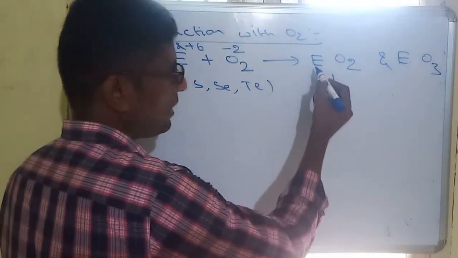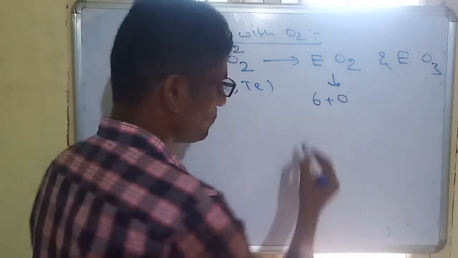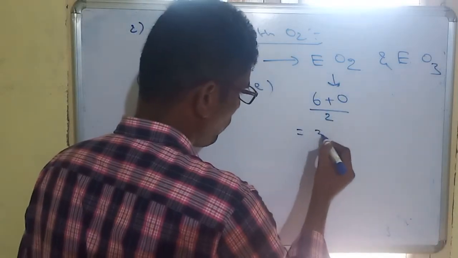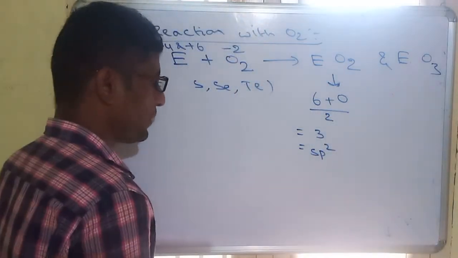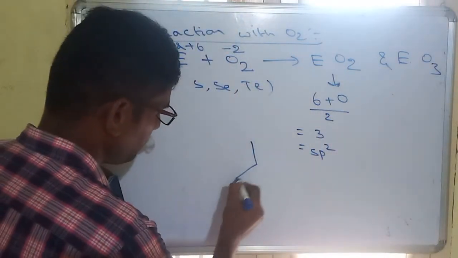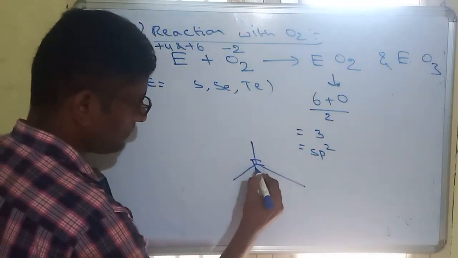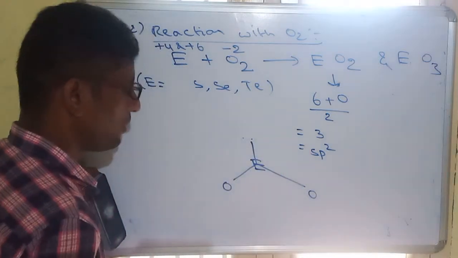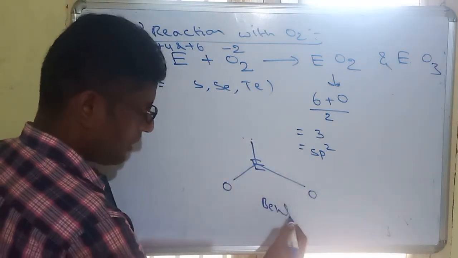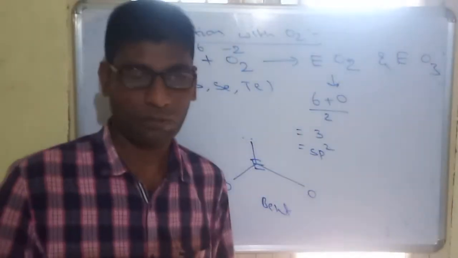That's why central atom valence electrons 6, number of monovalent atoms 0, divided by 2, the value will be 3, and 3 means sp2. So sp2 is a planar shape like this. The central atom will be E, with oxygen. So this will be a lone pair. The shape is normally bent. So dioxides are bent molecules.